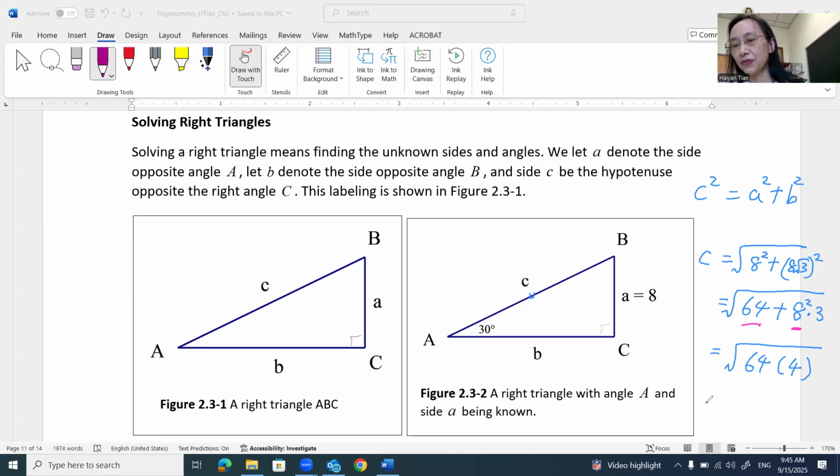So we have 4 of 64. So then we can simplify it, because you take a square root of 64, that's 8. And then square root of 4 is 2. So we get 16. 16 is the hypotenuse. So we have solved the right triangle because we found b, we have found c, we have found the angle B. So that is the right triangle solved.